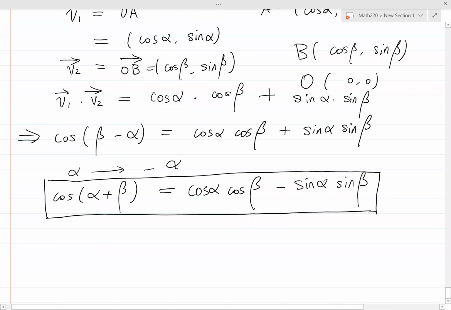Of course, you can use the induced formula. Sine alpha plus beta is cosine of pi over 2 minus alpha plus beta.